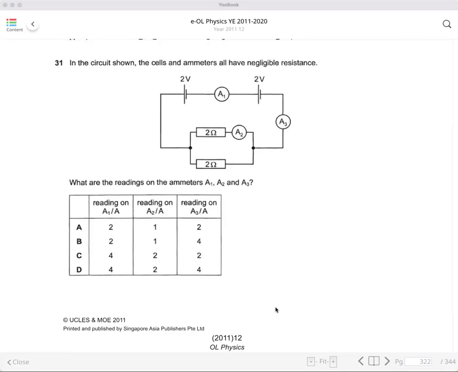Okay, I got my answer. 31. What's your answer, everybody? Right here, what's your answer? Right, incorrect. Well done.